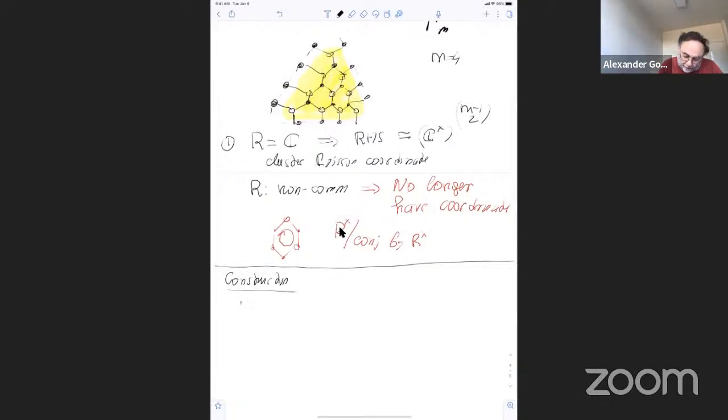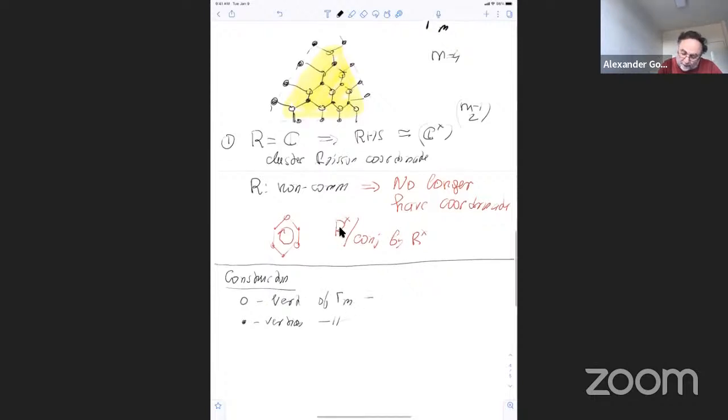So you notice that you have white vertices and black vertices. If you consider white vertices of gamma m, then it's the same thing as solutions in integers of the equation a plus b plus c equals m minus 2.